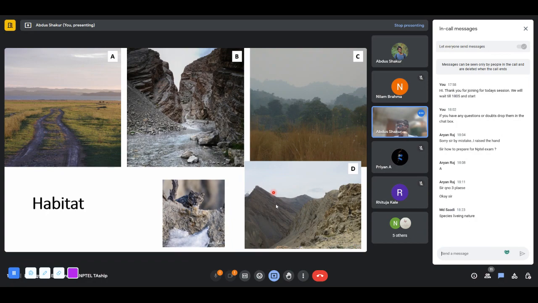So what do you think the snow leopard's home is of these four different landscapes, A, B, C, D? Any guesses? Even if you're wrong, don't worry. I can help you understand it.